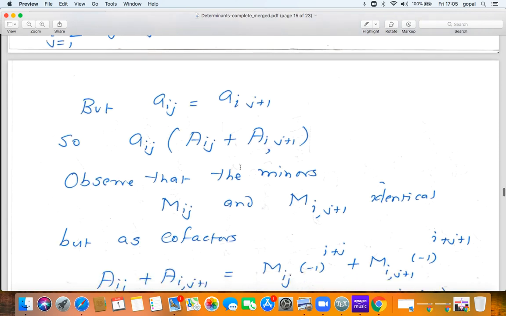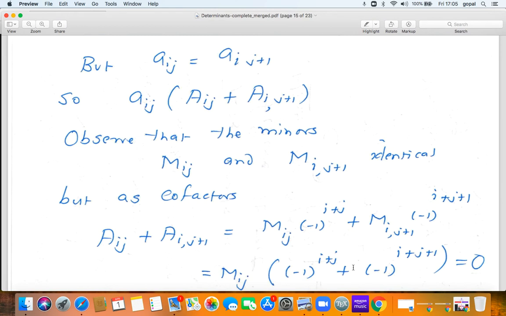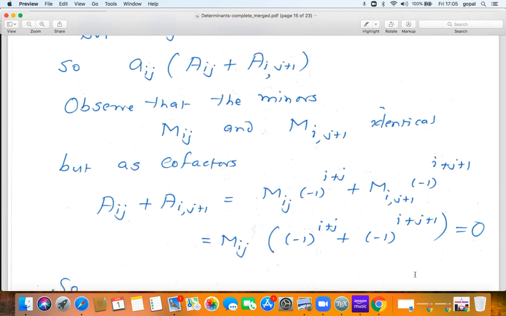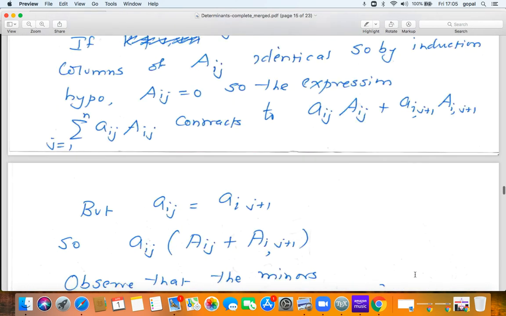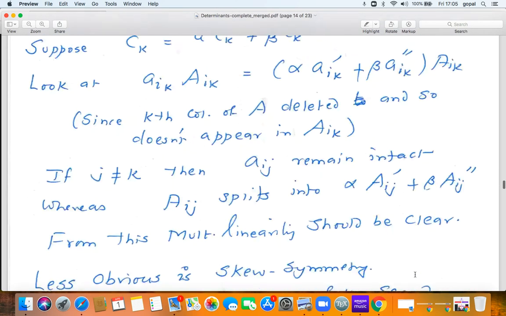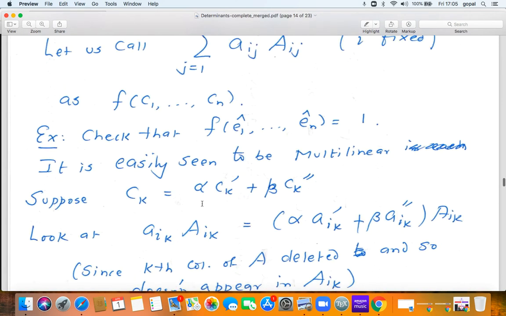The minors will be identical, but the cofactors will be the minors with appropriate signs, right? Minus 1 to the power i plus k, minus 1 to the power i plus k plus 1, and that will be 0. And so we have checked that this expression satisfies the property that when adjacent columns are equal, the value is 0.